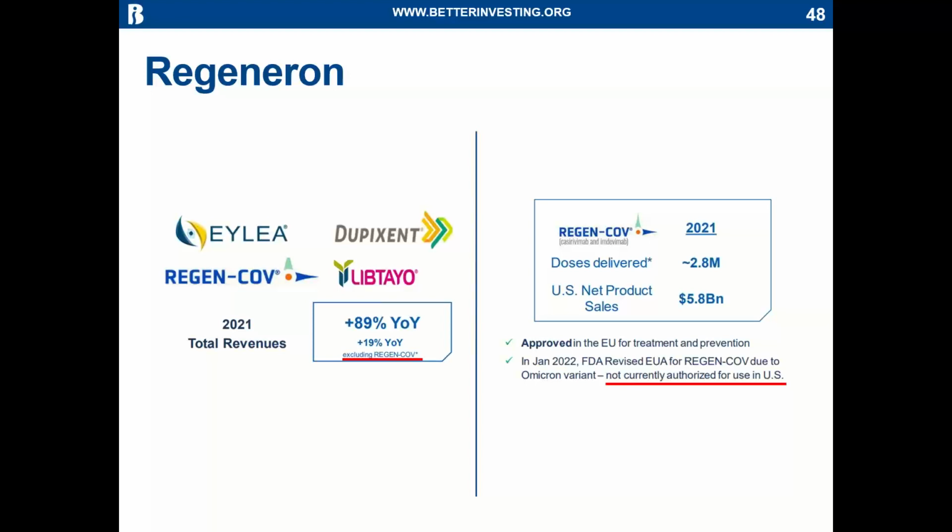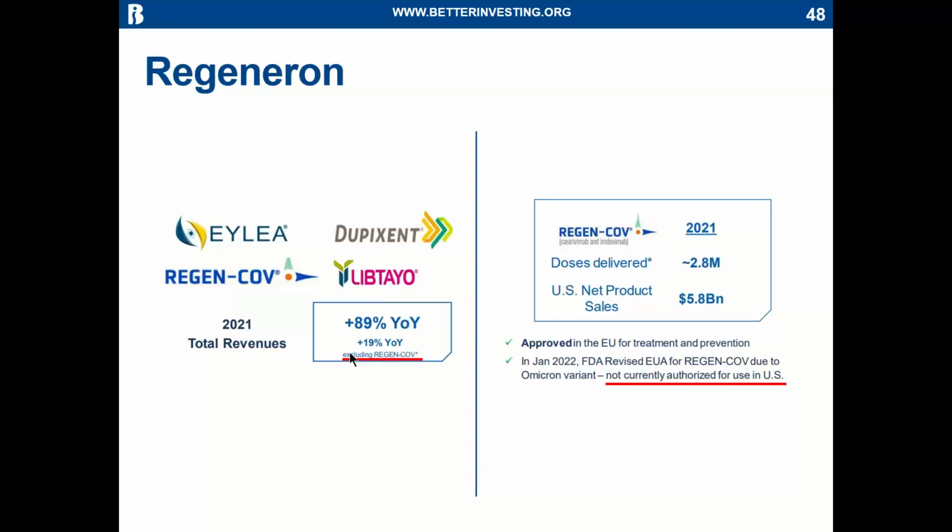So these are the 4 main drugs that have contributed significantly to Regeneron's total revenues for 2021. And they represented an 89% increase year over year in total revenues. However, if you exclude the REGN, total revenues increased 19.7% year over year.